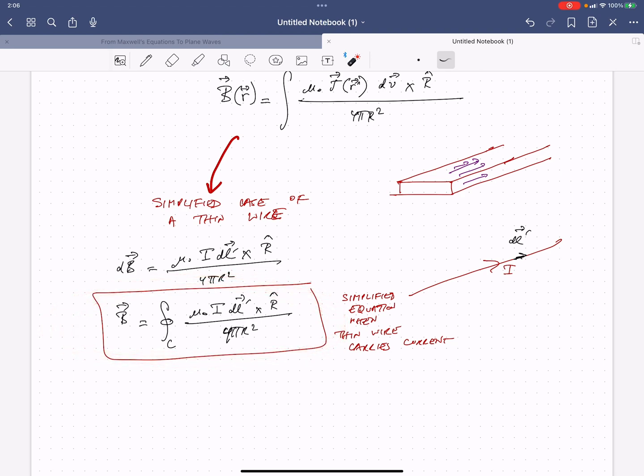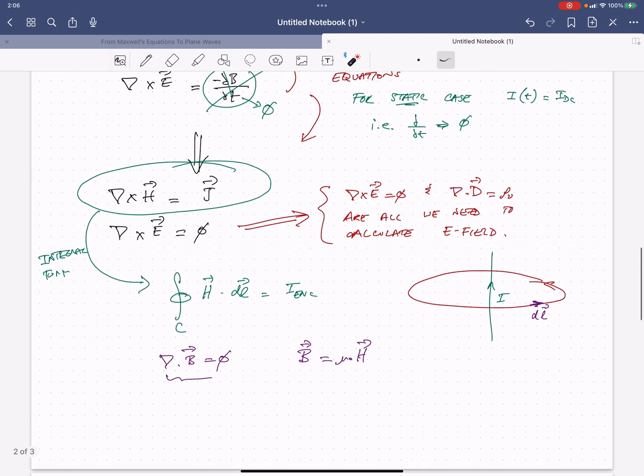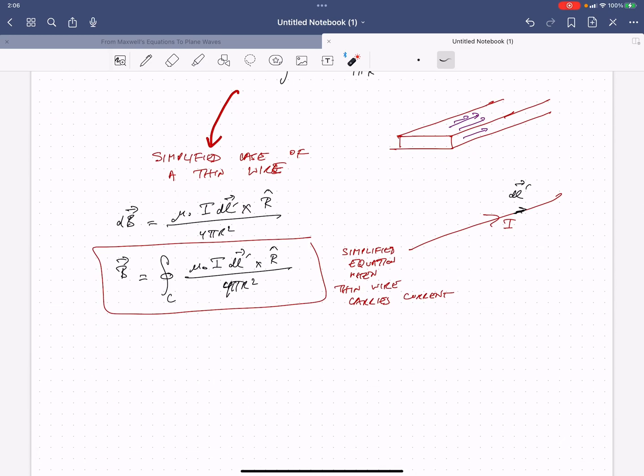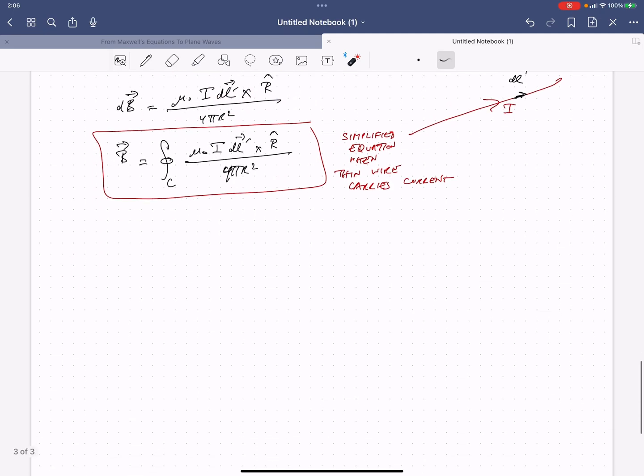Figuring out the magnetic field becomes only a function of the current, and what's been eliminated is the relationship between electric and magnetic fields. That case is called the magnetostatic case, and this is what you need to calculate the magnetic field. Notice there's no electric field or electric flux density in this equation.